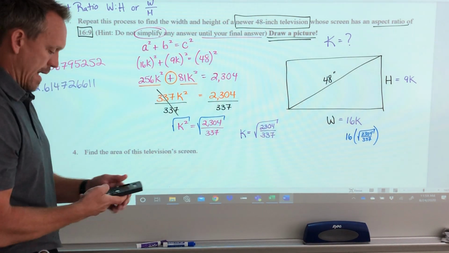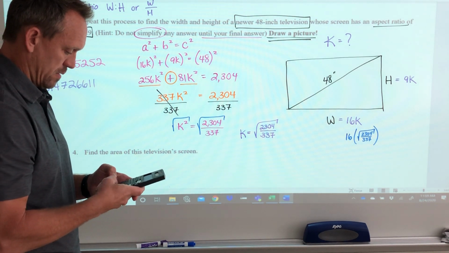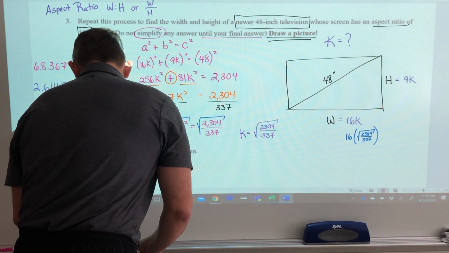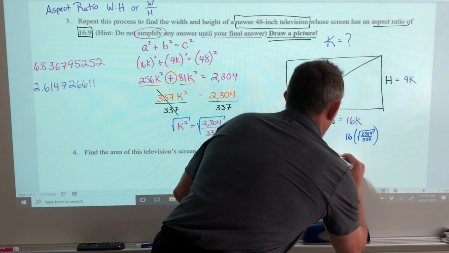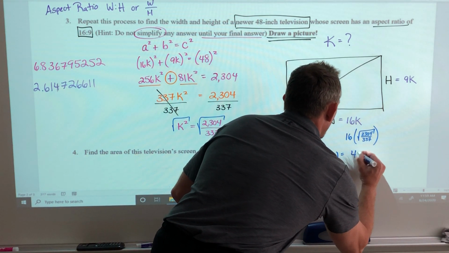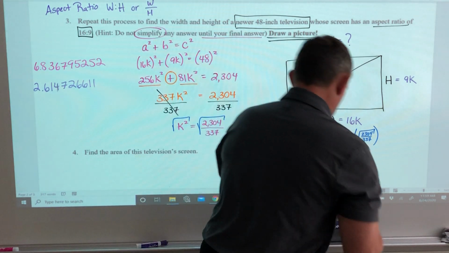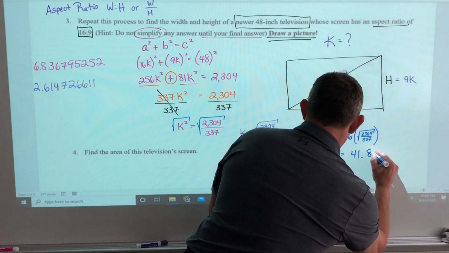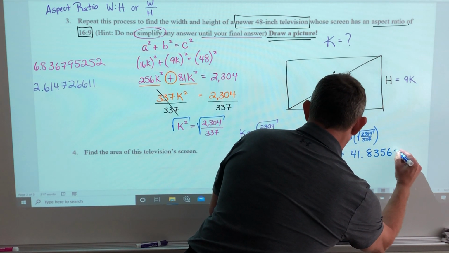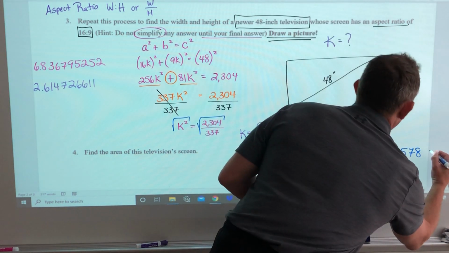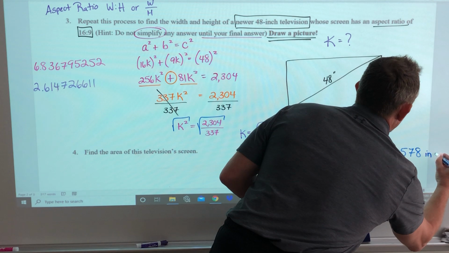If I do that, 41.835. So I got W equals 41.8356257 and 8 inches.